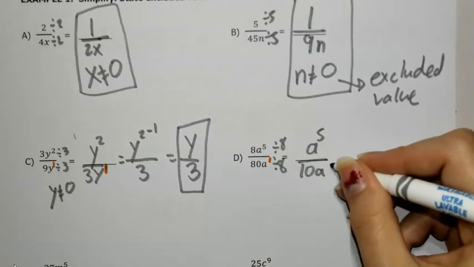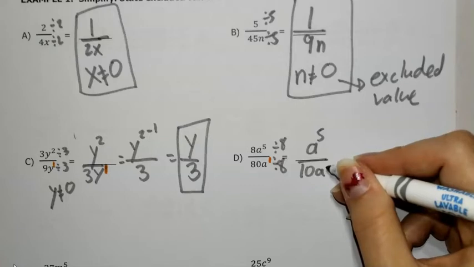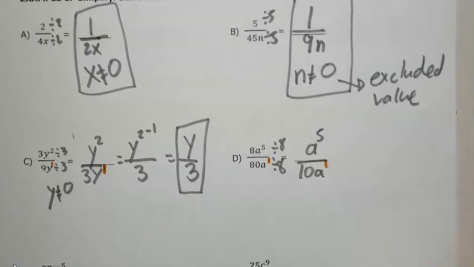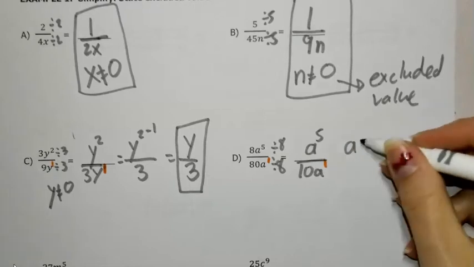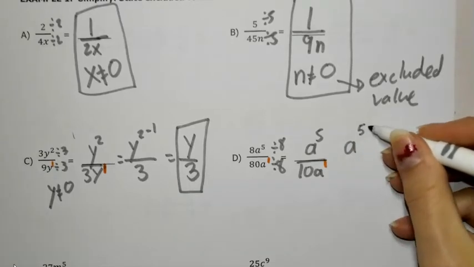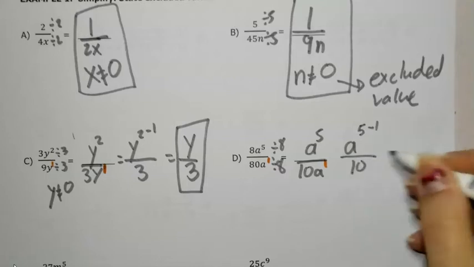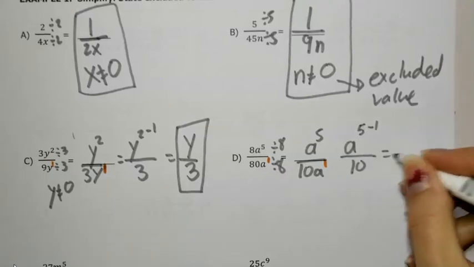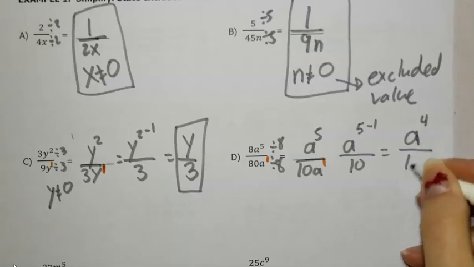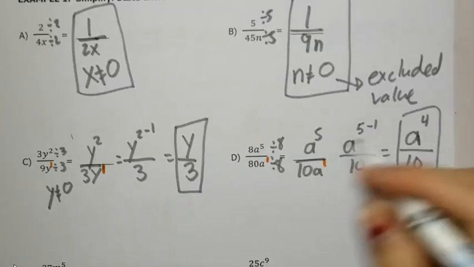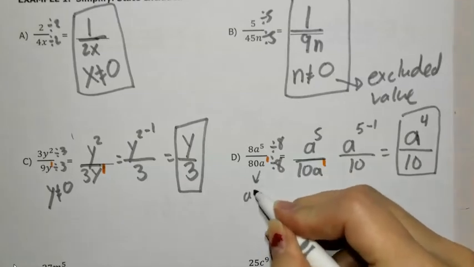Okay, what's the exponent of this a by itself? 1. And so now we have a to, what are we subtracting up here? Minus 1. 5 minus 1 is 4. So your reduced fraction is a to the 4th power over 10. And remember, a just can't equal 0.